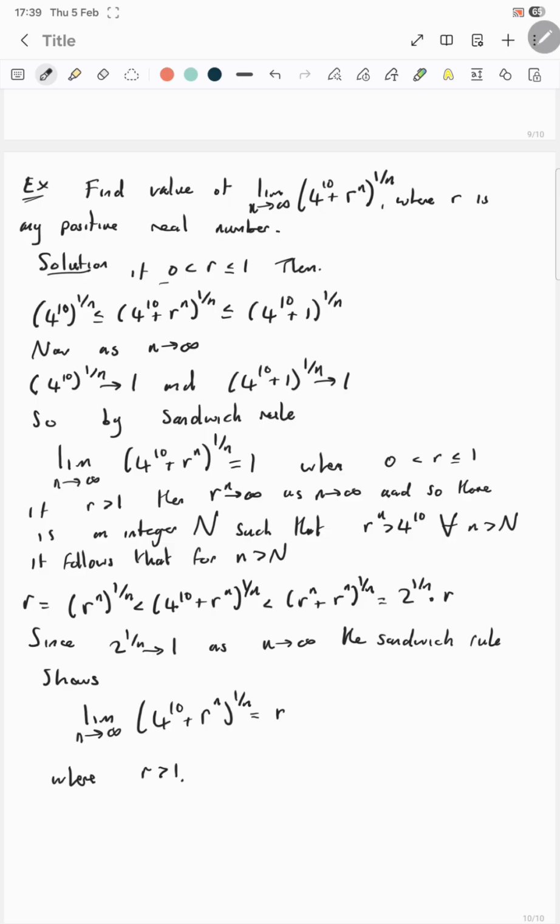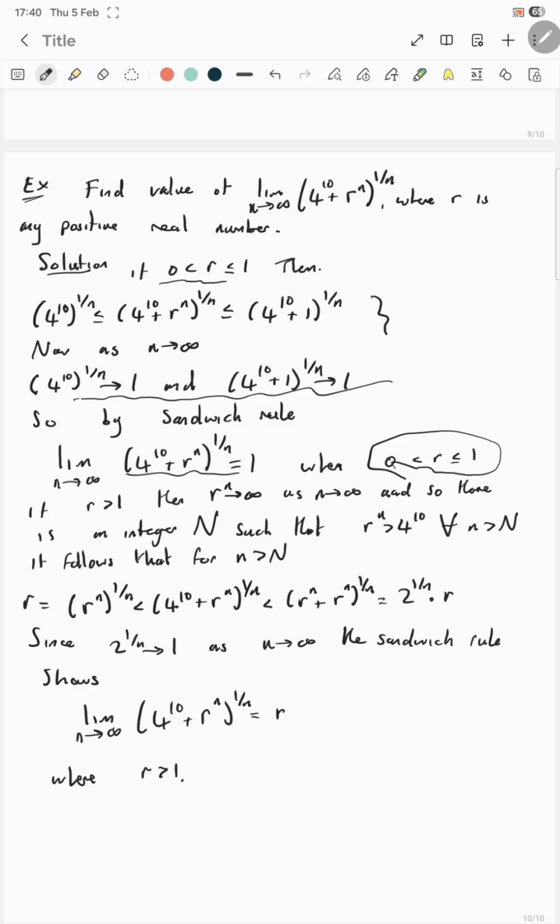And the solution: if r is greater than 0 and 1 is greater or equal to r, then this relationship will hold. Now as n goes to infinity, we get this here, and by the sandwich rule we'll get this one, where the limit as n tends to infinity of all this equals 1 when dealing with these bounds.